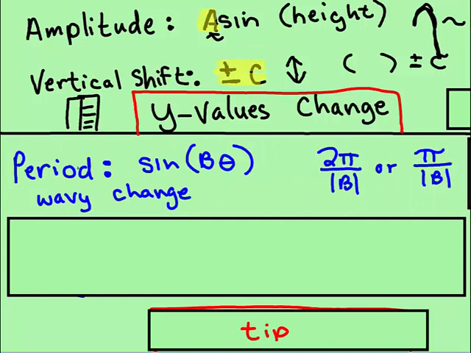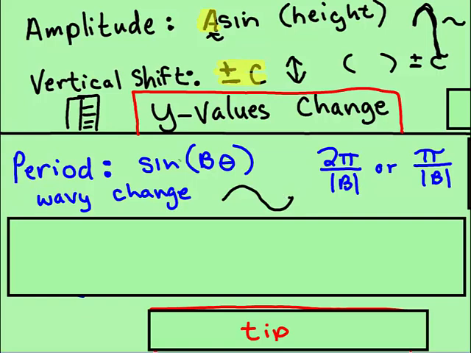So let's talk about a number that's being multiplied by theta. That's the b value. So you could have like 3 theta or maybe theta over 2. Remember, that number impacts the waviness. And by the way, one complete sine cycle is called a period.